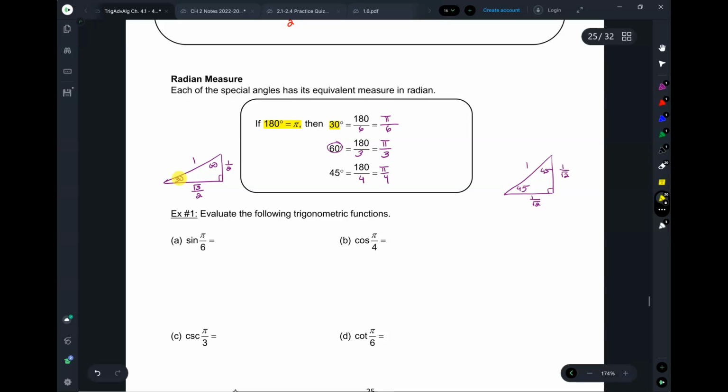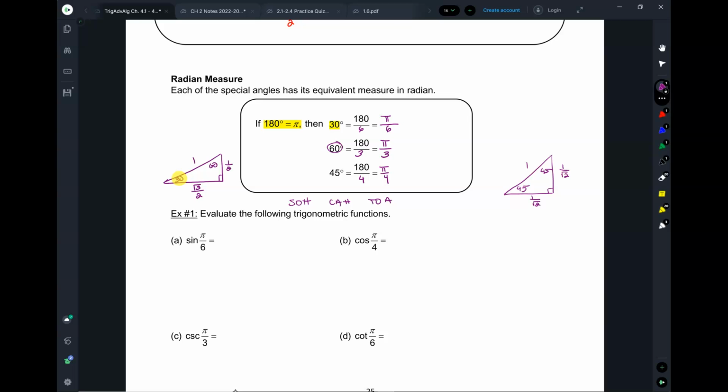Previously we used to do SOHCAHTOA, and sine would have been opposite over hypotenuse. So let's do this for a minute. Sine of pi over 6, sine of this angle, has to be opposite over hypotenuse. But now how much is the hypotenuse? 1. So does it make sense to divide by 1?